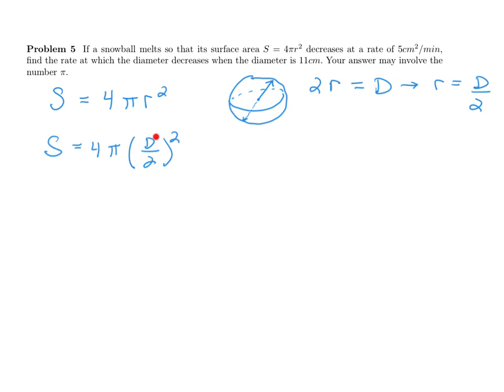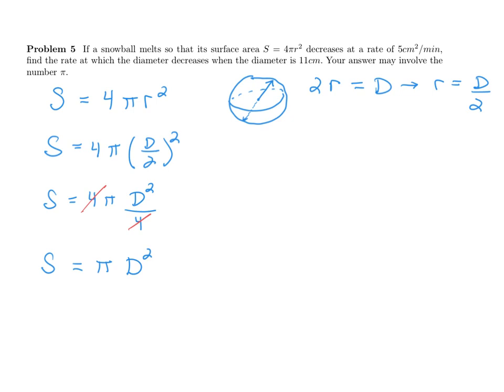If you square a fraction, we'll square the top and bottom, D squared and 4. So S is 4 pi D squared over 4. And the nice thing that happens here is that the 4's cancel, and we're actually left with this nice connection. The surface area of the snowball, or the sphere, is simply pi D squared.